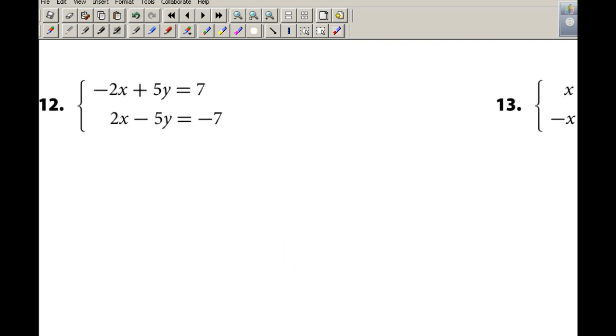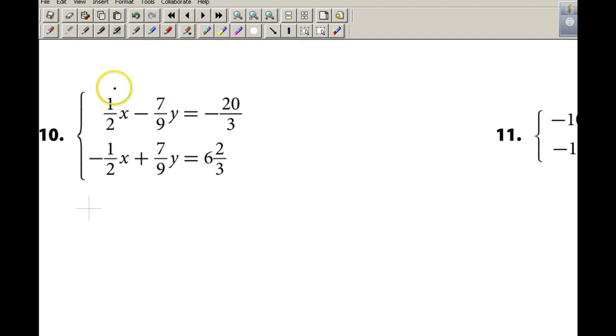Same thing here. Don't look at 10 and say, oh, there's fractions. I don't know what a half minus a half is. Oh, wait, it's 0. I don't know what -7 ninths plus 7 ninths is. Oh, wait a minute, that's 0 too. Okay, I guess it's not hard. No, you don't want to trick yourself into saying 5th grade math is difficult before trying it. -20/3 plus 6 2/3. 0.